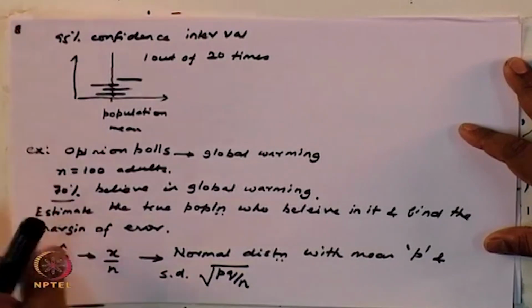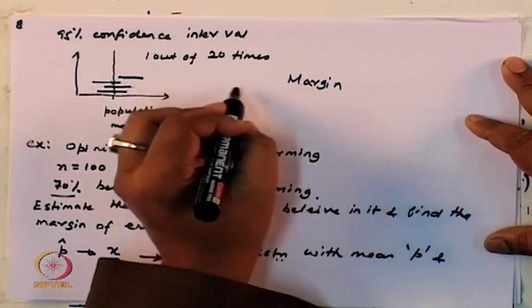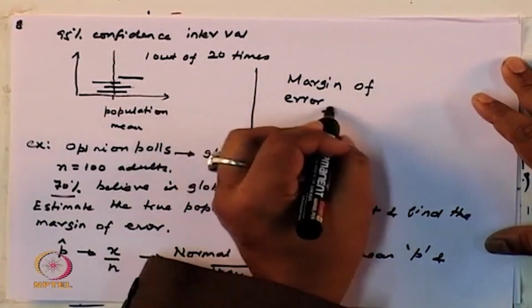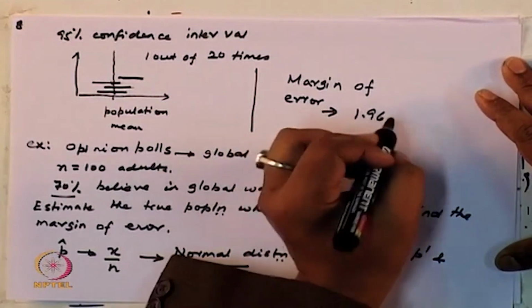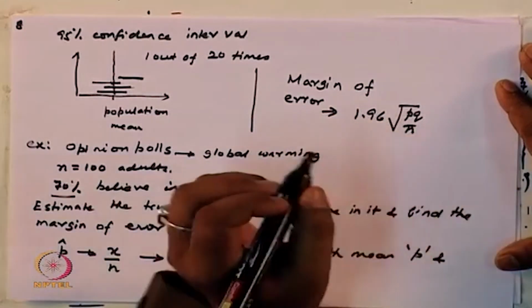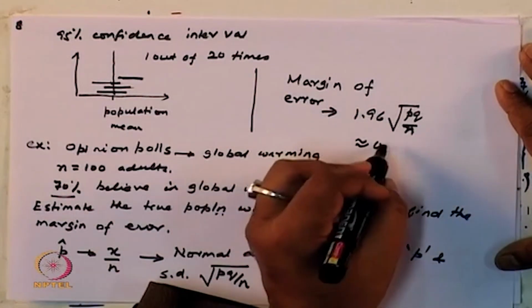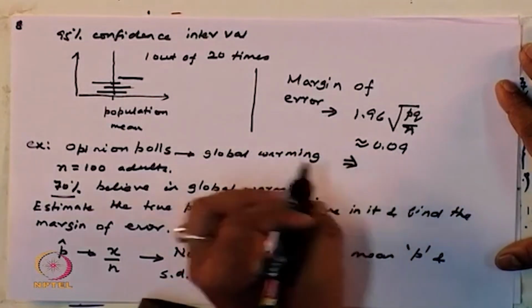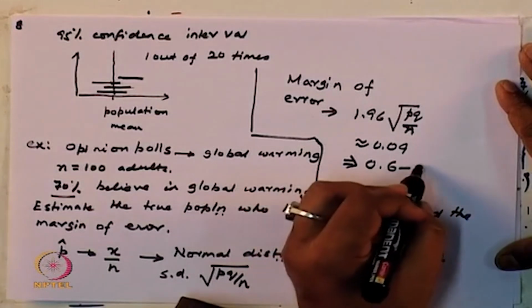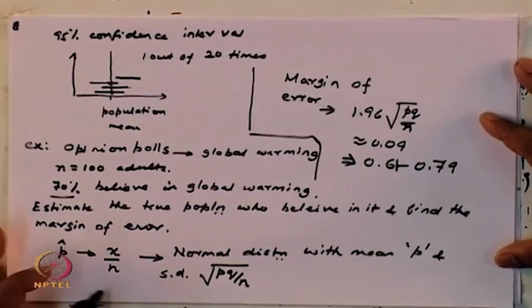In this case, the margin of error becomes 1.96 into root of PQ by n. If you plug in the values, this comes out to be 0.09, implying the true population proportion would lie between roughly 0.61 to 0.79.